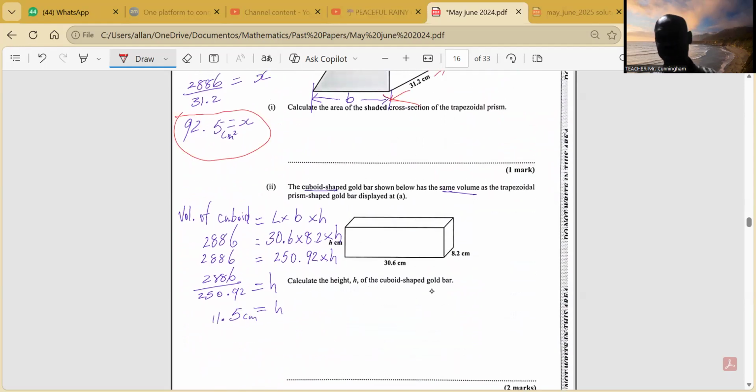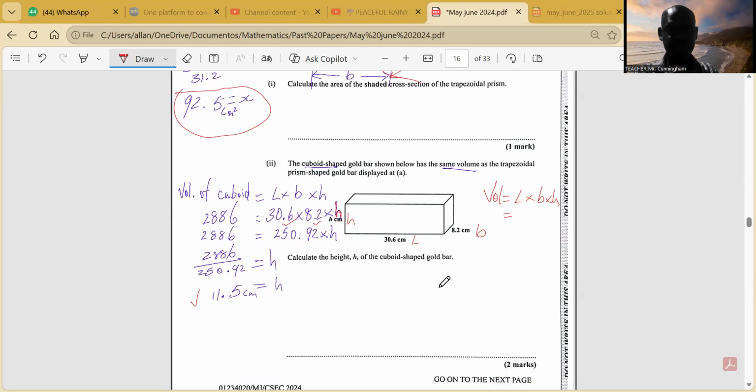Now the volume of a cuboid is length by breadth by height. The length we know, which is 30.6, the breadth 8.2, and the height is what we have to find. So we multiply them and divide, we got 11.5. So the height is 11.5 centimeters.